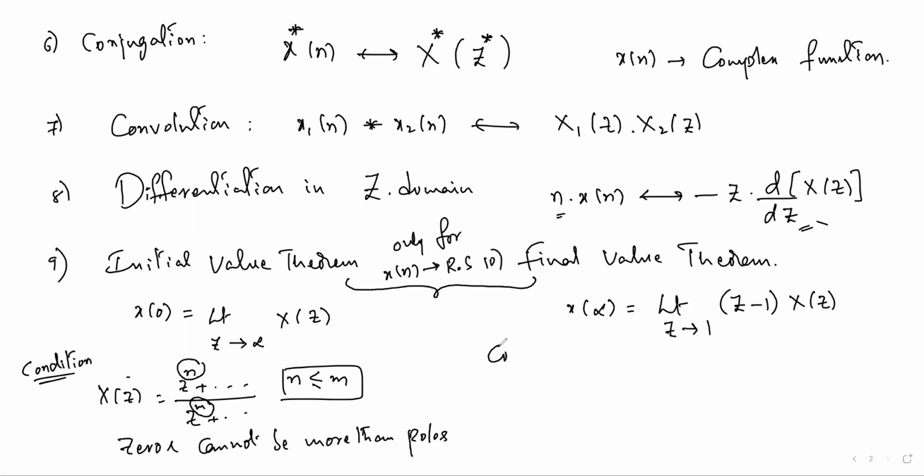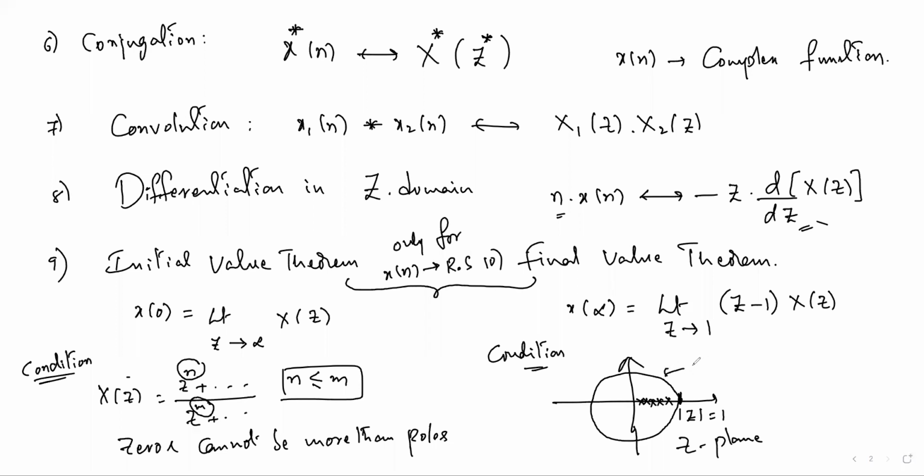Whereas for final value theorem, all poles of the function must lie within the unit circle in the Z plane. This is mod Z equal to 1, the unit circle.